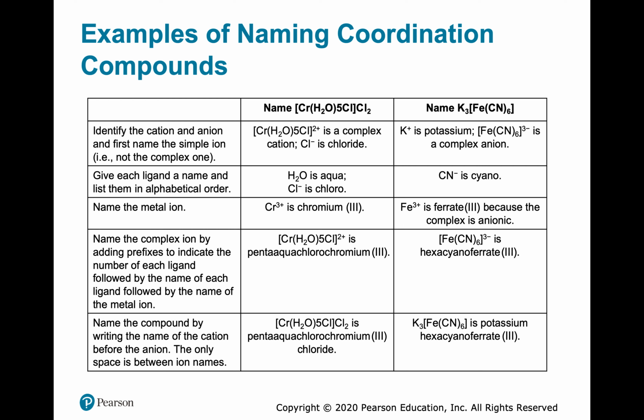If you ever have to spell these out in a Word document, it'll always yell at you because I bet that's not in the dictionary. So let's do the next one. We have an anion. Potassium is the metal, so you're going to say that first. And then you have iron, so it's going to be ferrate for the iron, and cyano for the cyanide.